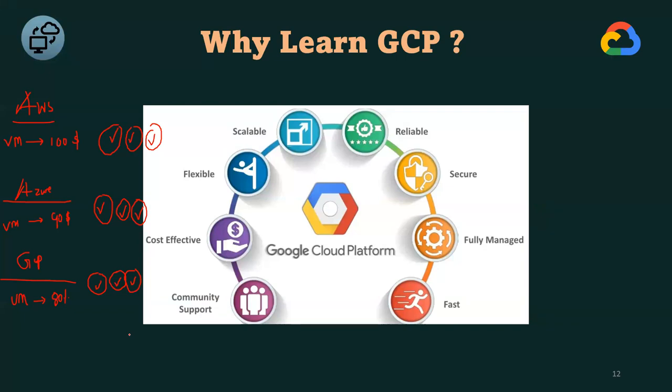One more important aspect is why the companies are choosing GCP for data engineering or big data related activities. GCP, Google Cloud Platform, is very, very famous for big data and data engineering activities. The services that Google Cloud is providing are far better than AWS and Azure.